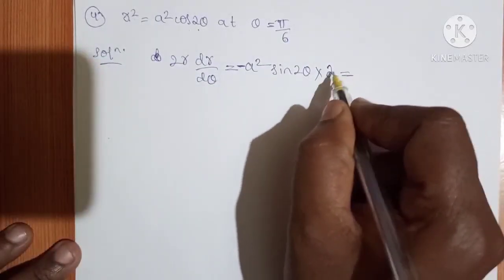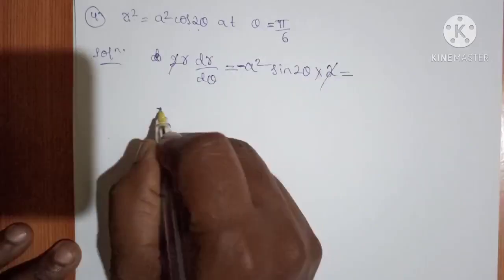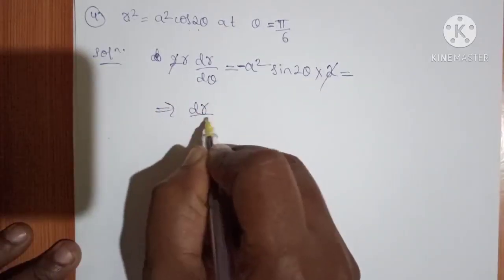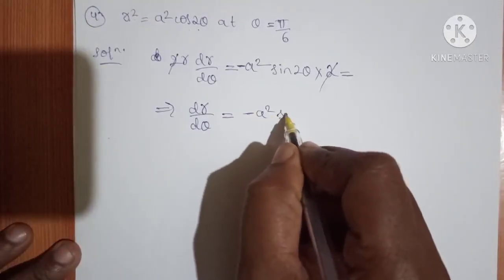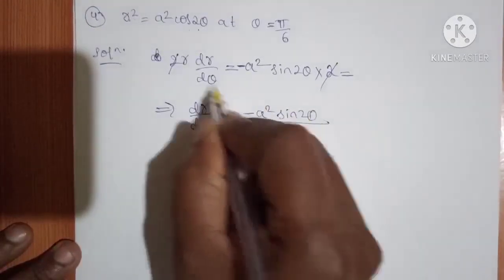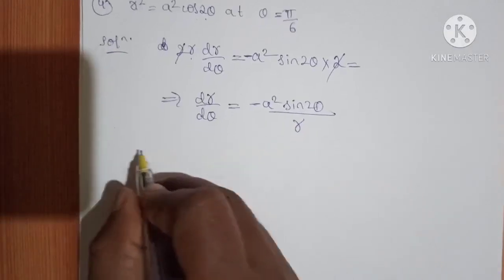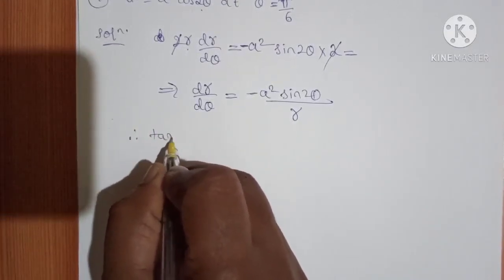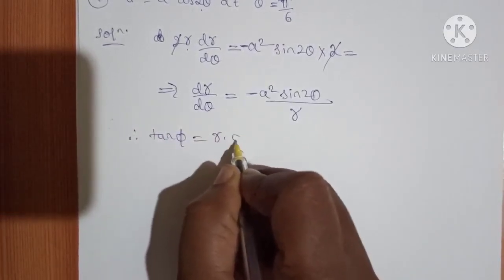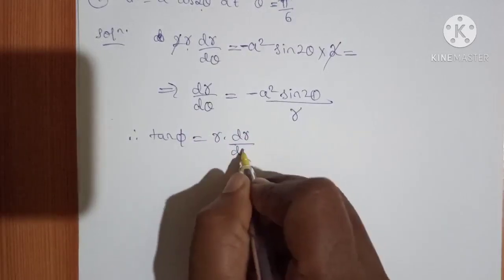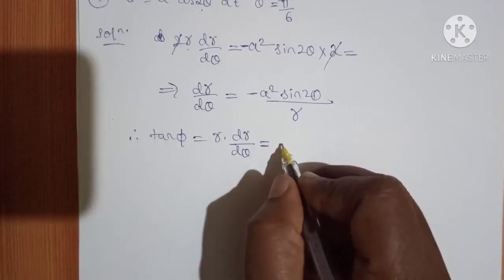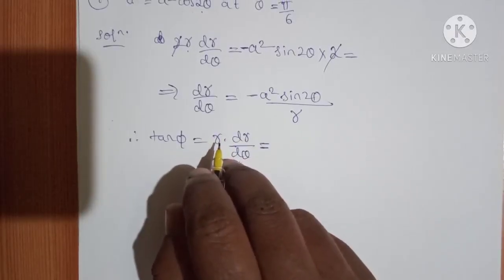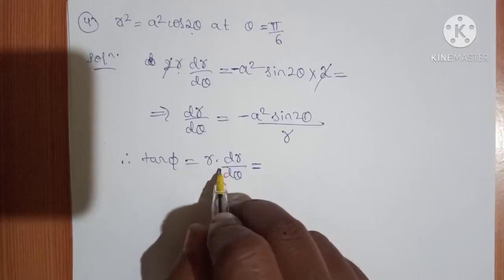Therefore the 2 cancels, and we get dr by d theta equals minus a square sin 2 theta divided by r. Therefore tan phi equals r into d theta by dr.